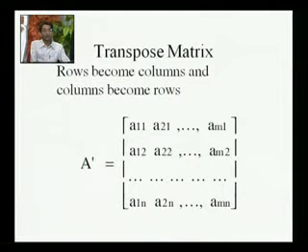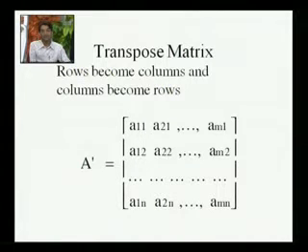And the most important thing: how to find the transpose of a given matrix. We know that our matrix is A11, A12 up to A1n, which is the first row, and A21, A22 up to A2n, which is the second row. When we want to find the transpose of the given matrix, we need to interchange rows and columns, corresponding rows into corresponding columns.